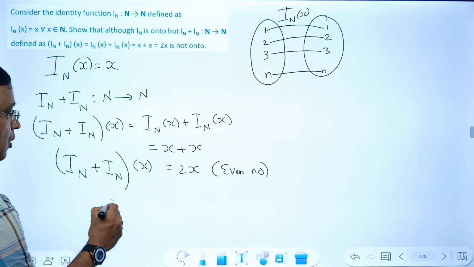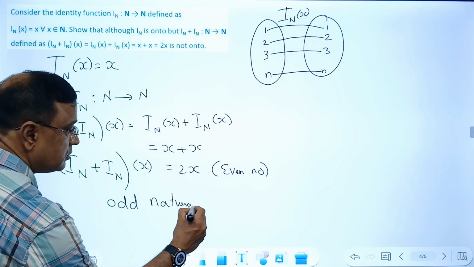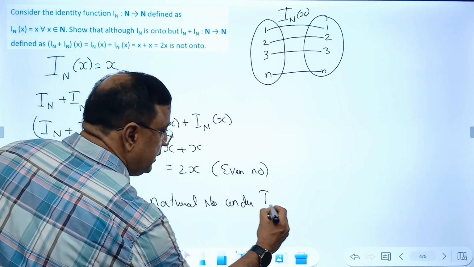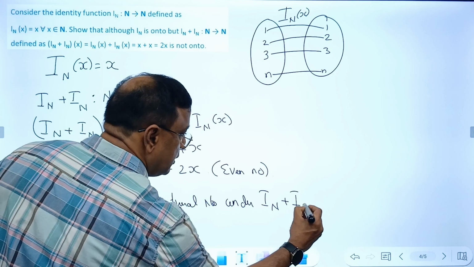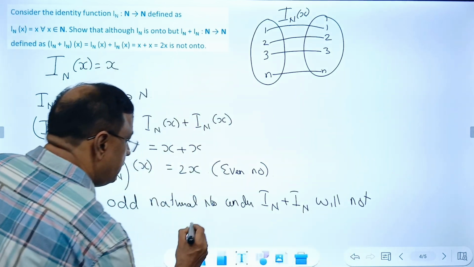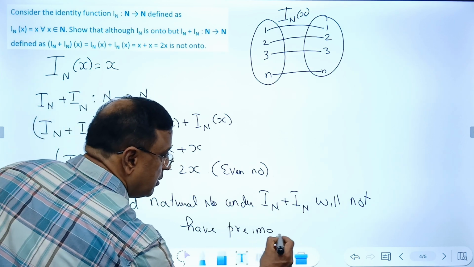So odd natural numbers under the function in plus in will not have a pre-image.